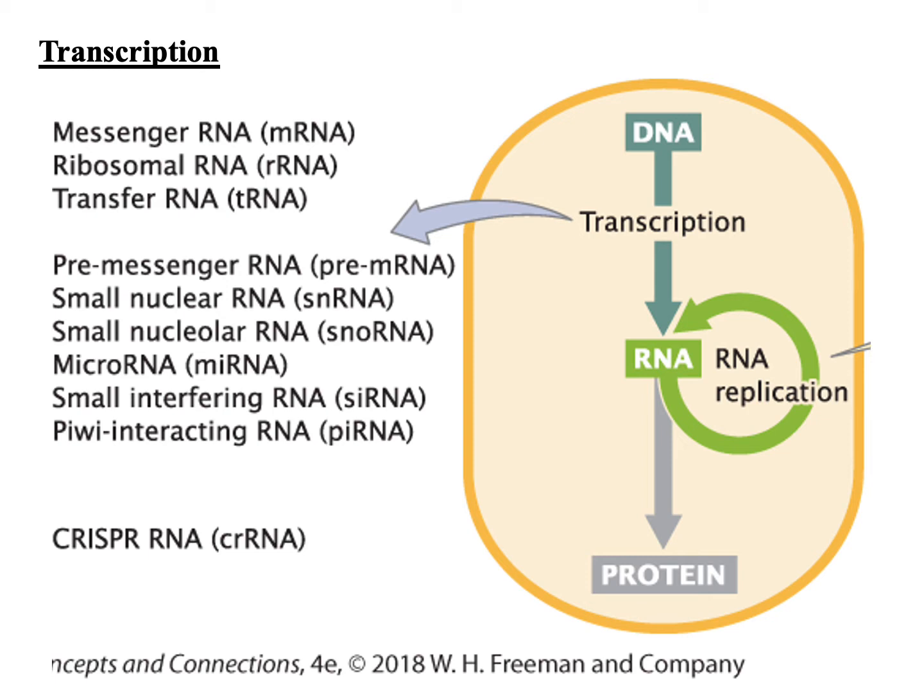Both rRNA and tRNA are utilized in protein synthesis, and we will come back to that in just a little bit. I also mentioned at the beginning of this lecture that most genes are considered protein coding genes, and that when they are transcribed, the transcript is referred to as messenger RNA, and the messenger RNA is utilized as instructions to synthesize proteins. Ribosomal RNA and tRNA are not protein coding genes.